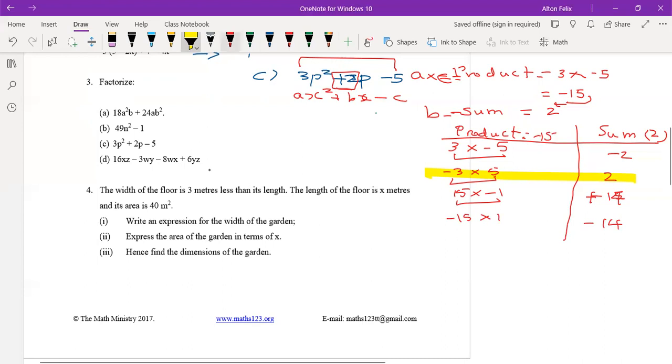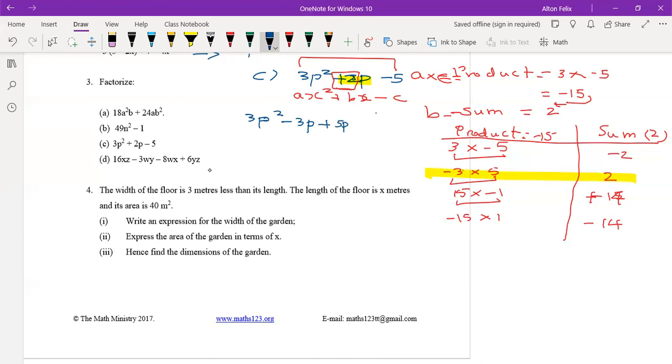Okay, so what do we do next? Right, so we're going to replace this middle term, the plus 2p, by minus 3p plus 5p. So let's write that. We're going to have 3p squared, replacing that 2p by minus 3p plus 5p.